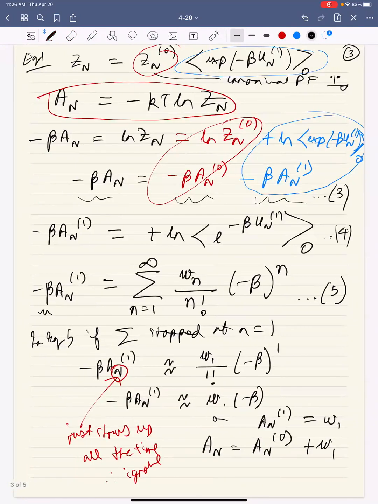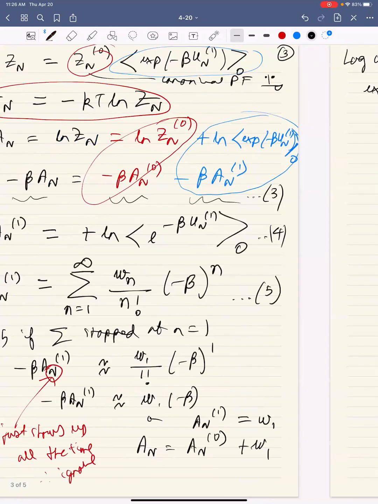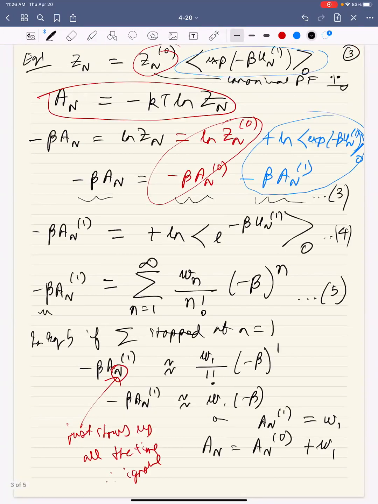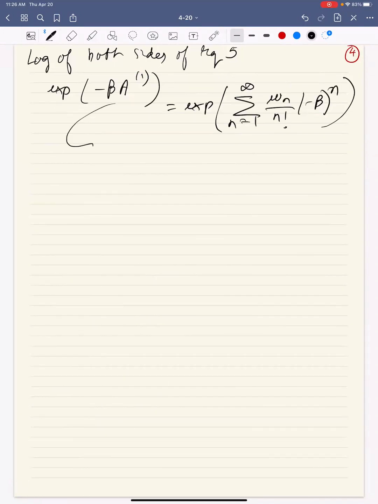So this is the left hand side of equation 5, and the right hand side is going to be exp of the summation, n equal to 1 to infinity, wn by n factorial times minus beta to the power n. Exponential. Okay. So now think, what was the relation of A with A1?